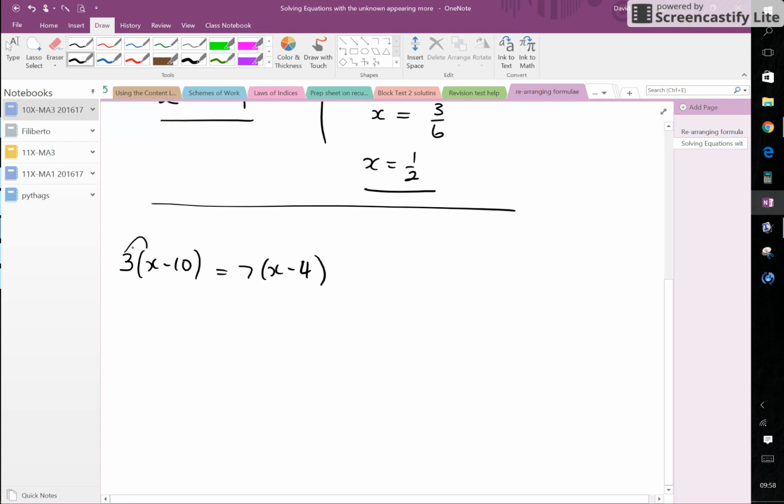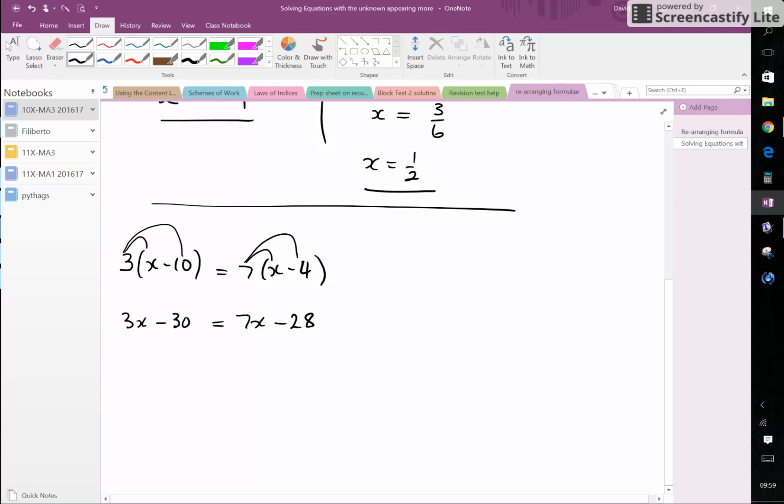So we get 3 times the x is 3x, and then minus 3 times 10, which is 30. So minus 30. And then we multiply the 7 times the x, and we get 7x, and the 7 times the minus 4, we do minus 28.